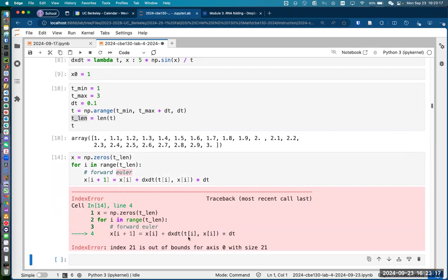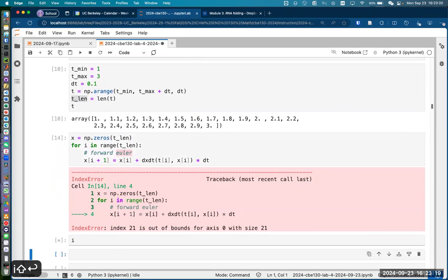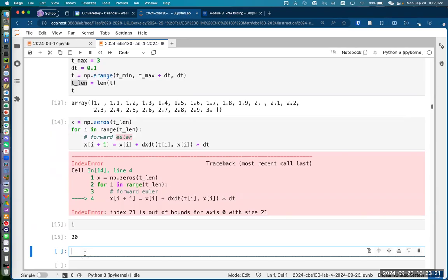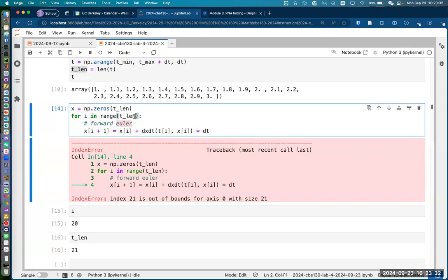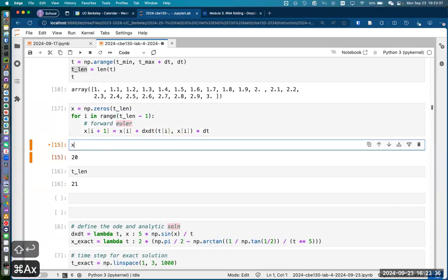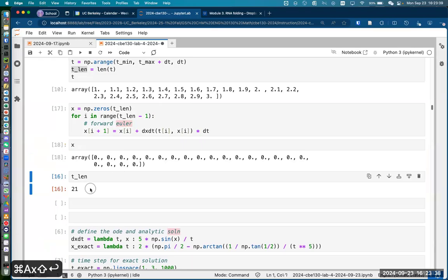This is out of bound. Let's see. So I is at 20 and the length of t is 21. So this is I plus 1, this is 20 plus 1. So it's one more. So what we need to do is to minus 1 in the range so we don't get out of bound.